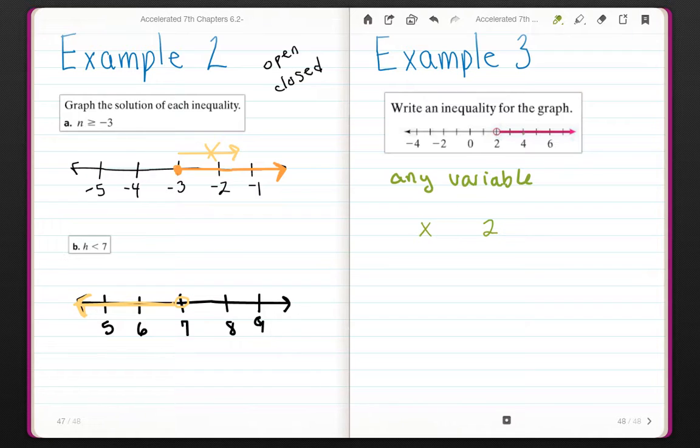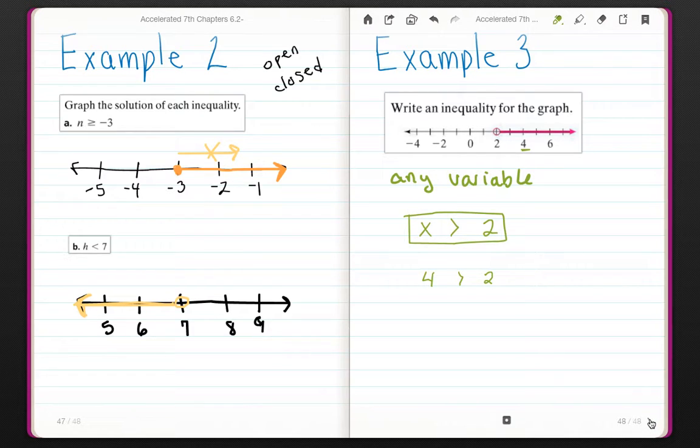Well, since they have shaded in this direction, let's use 4. Is 4 greater than 2 or is 4 less than 2? Well, if I plug it in here for x, 4 is greater than 2. Therefore, all values of x must also be greater than 2. So here is the inequality.